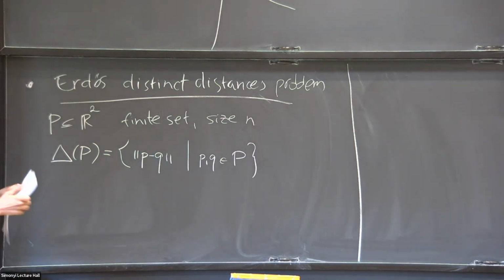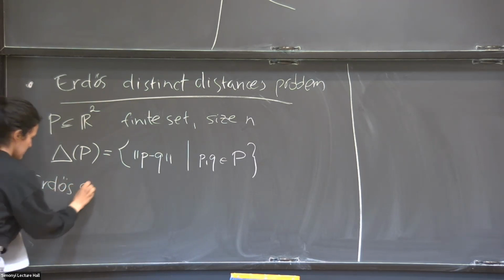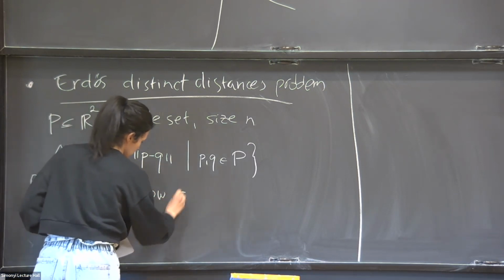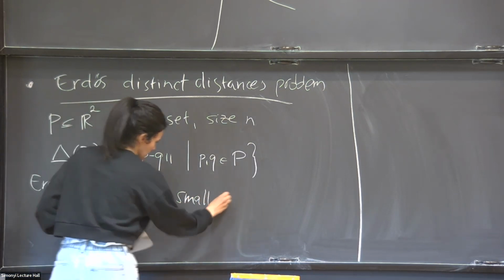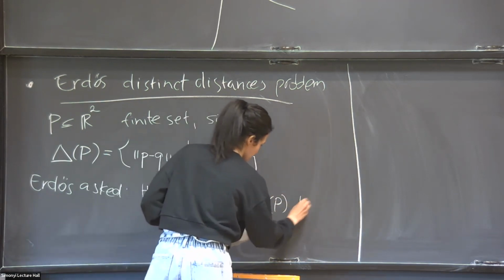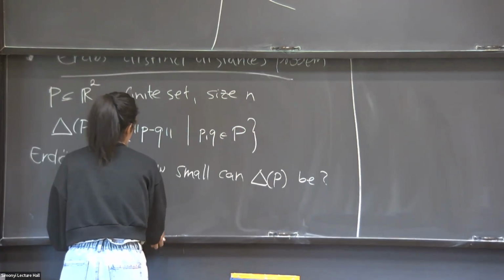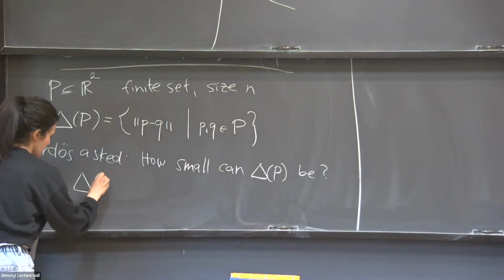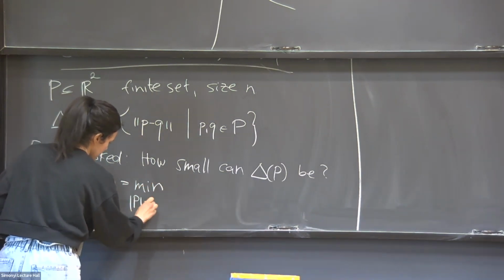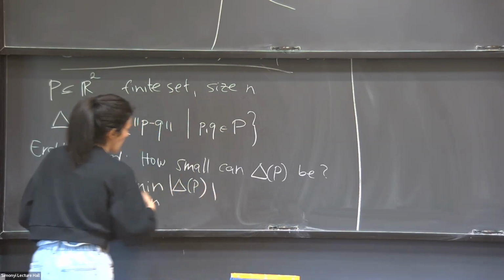So okay, the question is this: how small? To write it formally, let's define delta of n to be the minimum over all sets of size n of the cardinality of delta of P.